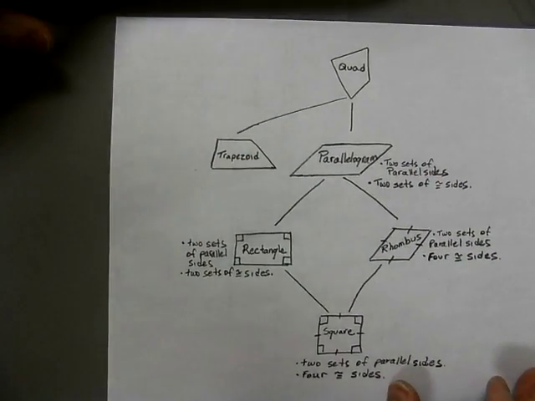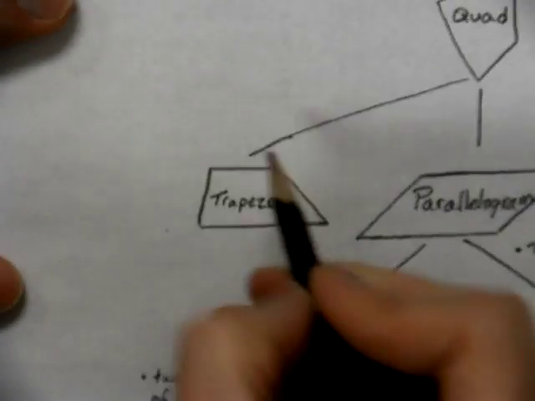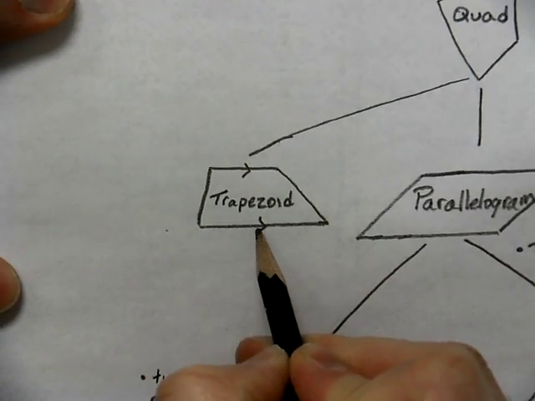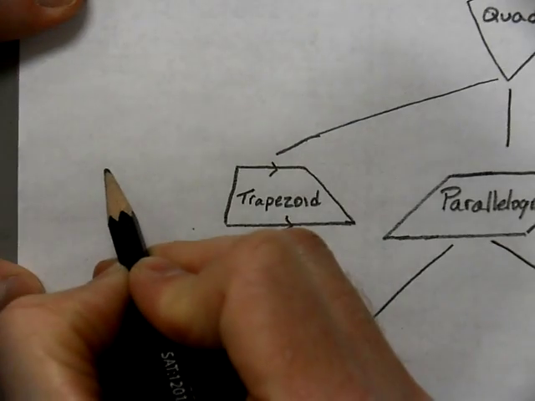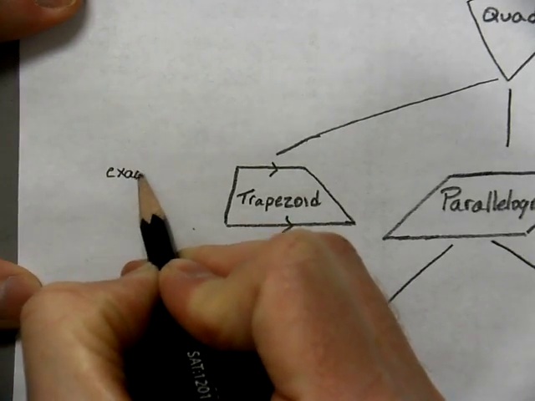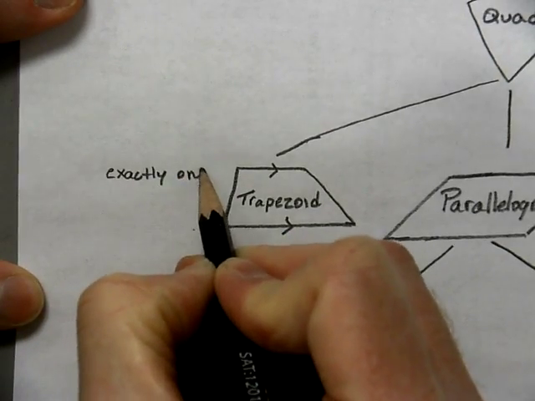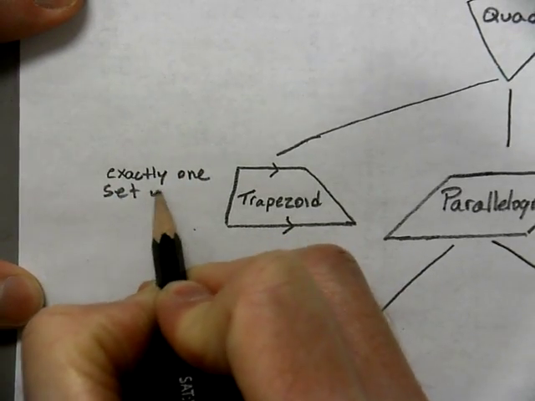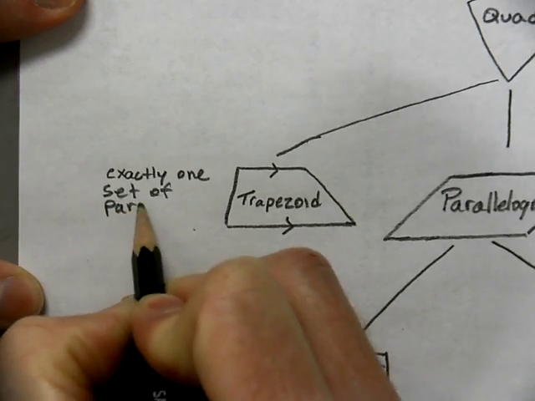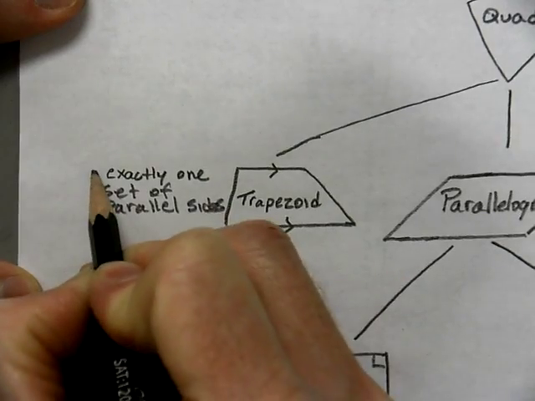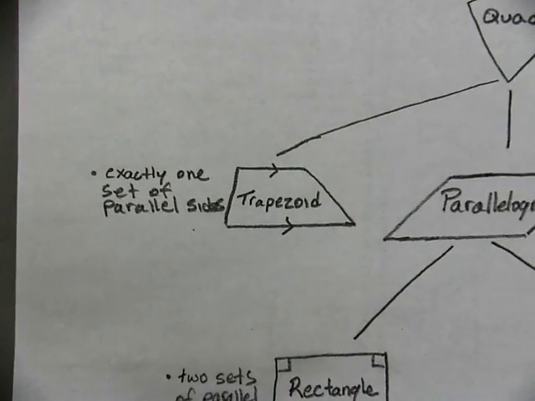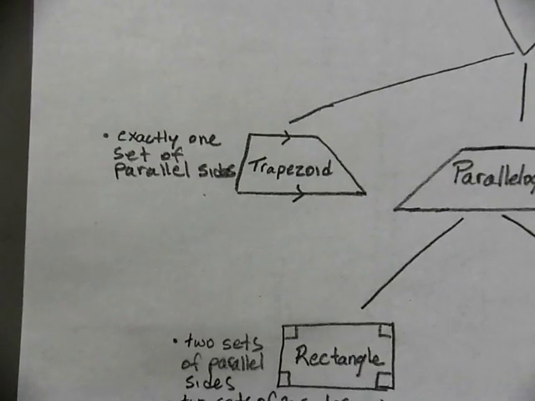And what do we know about a trapezoid? The only thing that has to be true to become a trapezoid in terms of its sides is what? Exactly one set of parallel sides. That's the only requirement that we have to become a trapezoid.